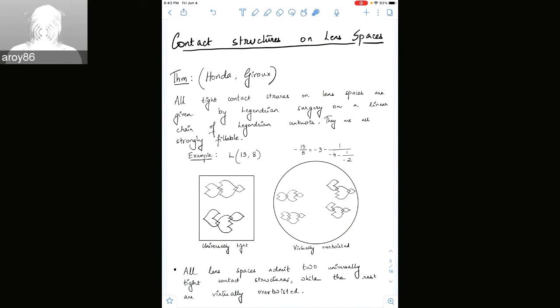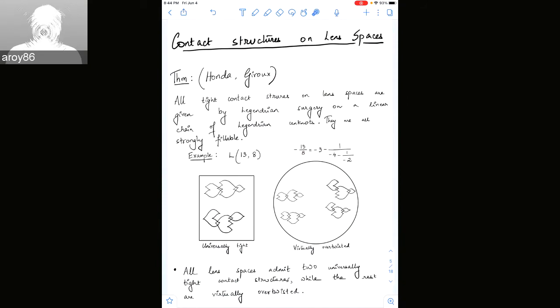An example of this is L(13,8). To get the linear chain of unknots, you expand negative 13 over 8 in a continued fraction expansion as so, and then you get a link of Legendrian unknots where each component has as many cusps as the coefficient coming from the continued fraction expansion.